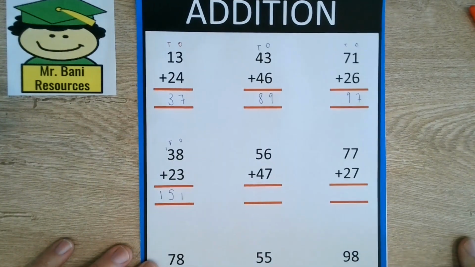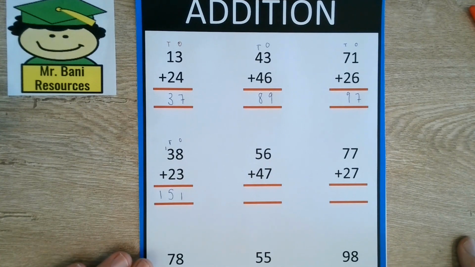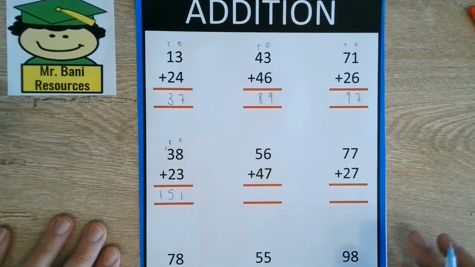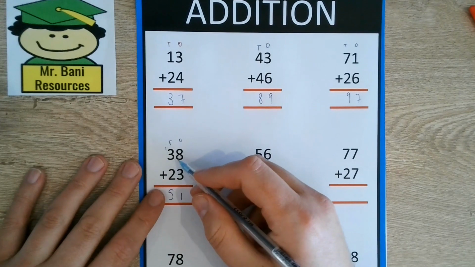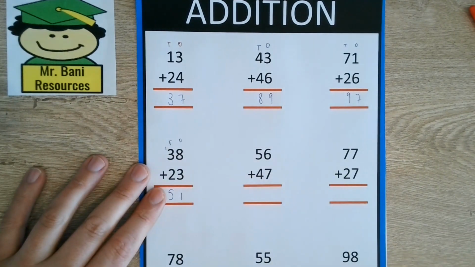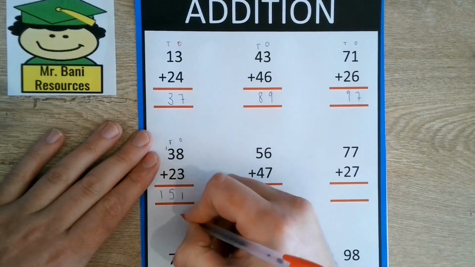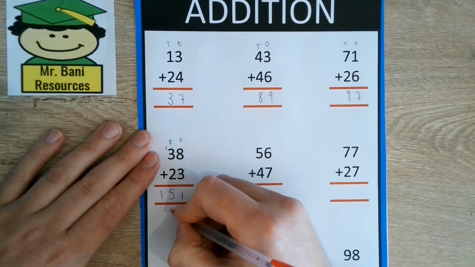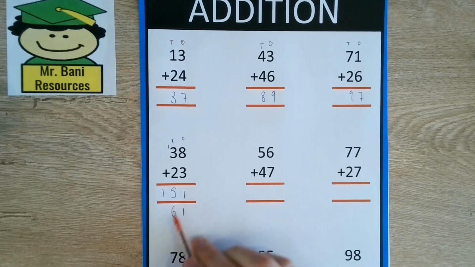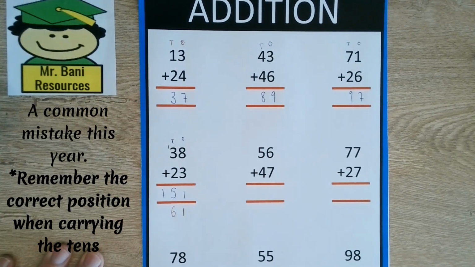It doesn't become 13 at all, does it? What do we do with it? We carry it over and add it. So, what is 3 add 2? 5 add 1? 6. So, can you tell me which answer looks more appropriate? Is it 61 or 151? 61. It's 61, yeah? We don't need to make that mistake anymore now, do we?